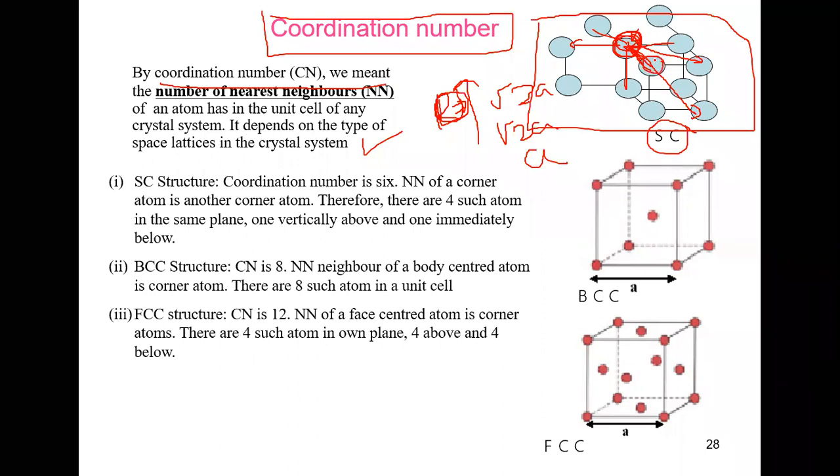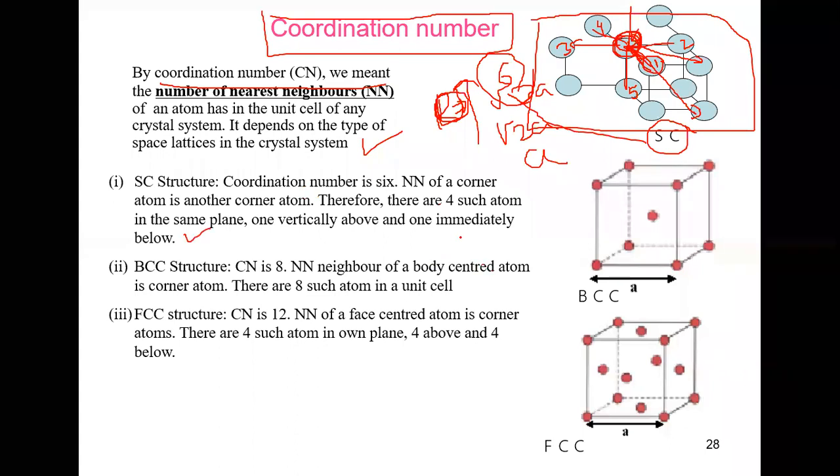This is number 1, then another atom, number 2, another here, number 3, another there, 4, another atom in the lower plane, 5, and another atom in the upper plane, 6. So altogether the coordination number will be 6 in the case of the simple cubic crystal structure.